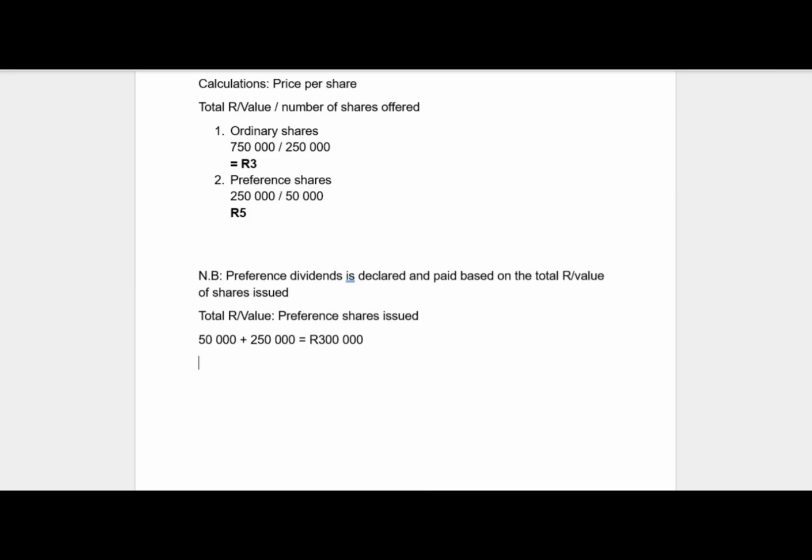So to calculate dividends, we are going to say preference share dividends. Preference dividends is going to be calculated based on the rand value of 300,000 multiplied by the percentage behind the preference shares.